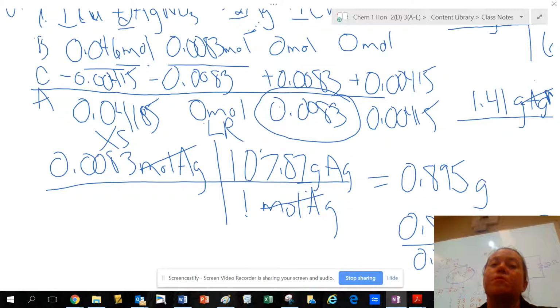Now, in some problems, they're going to tell you something's in excess. In some problems, we can just do a T-chart and not even need to do a BCA table. But generally, if you do a BCA table every time, you'll be okay. And then you'll start to recognize when you can just do T-charts, and just convert over. But you'll always need a balanced chemical reaction.